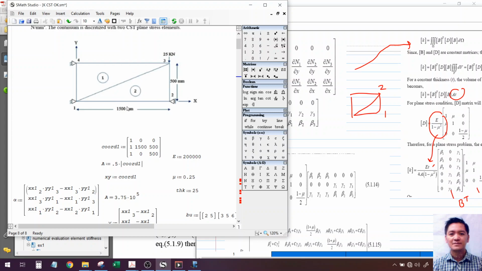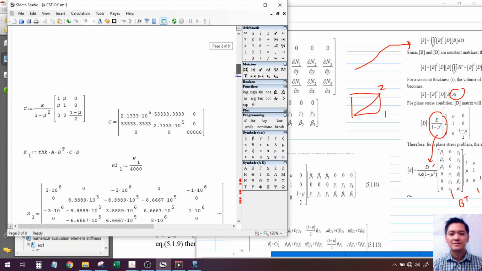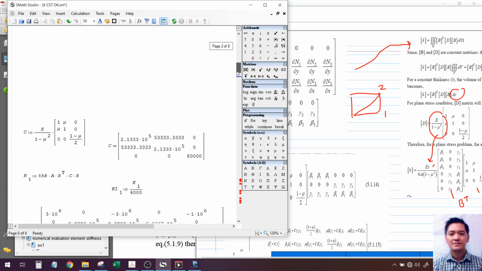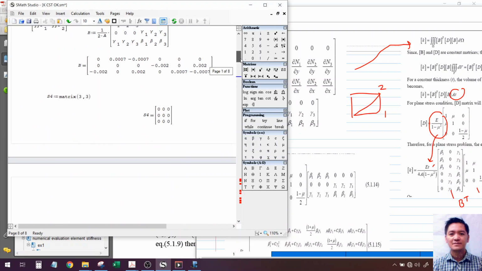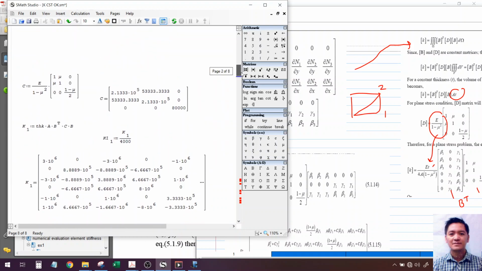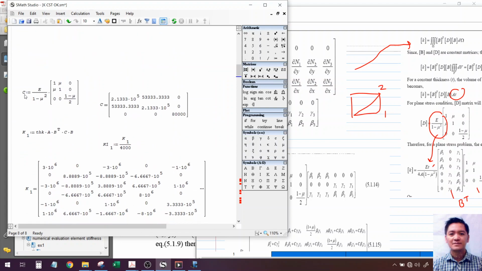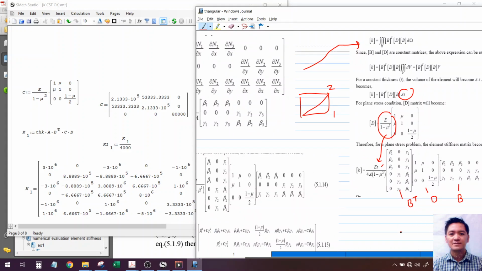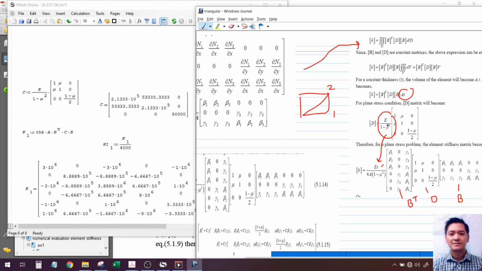No? Babaguhin lang natin yung coordinates. And then, of course, ang ginamit ko dito is C instead of D. So, ito yung ating D matrix: E over 1 minus mu squared.